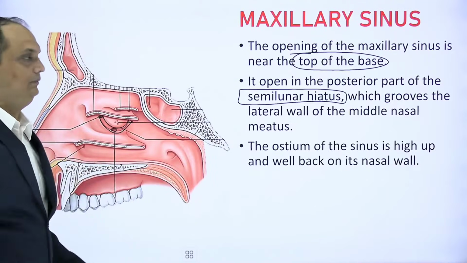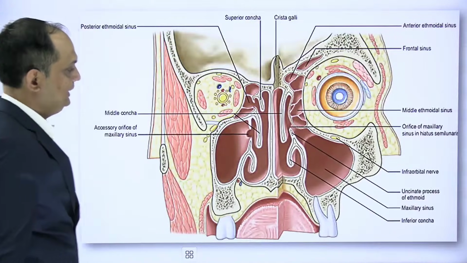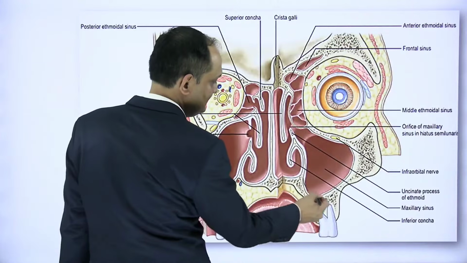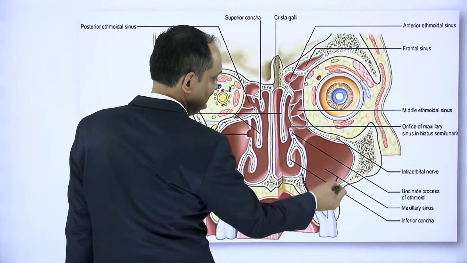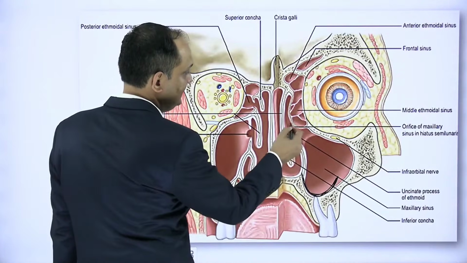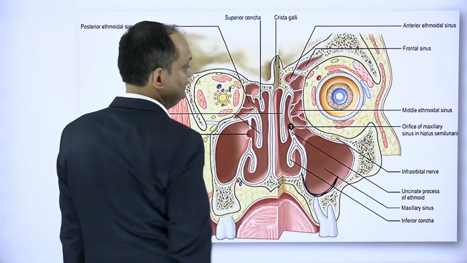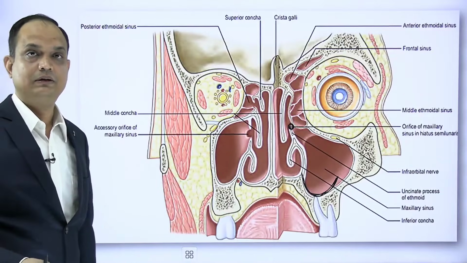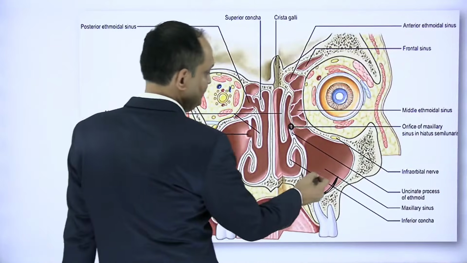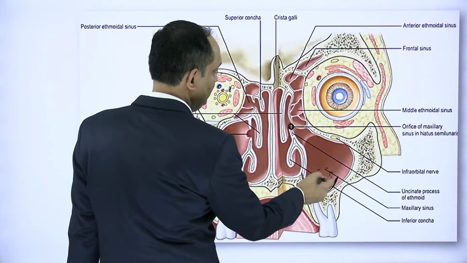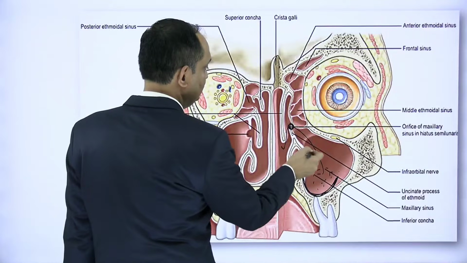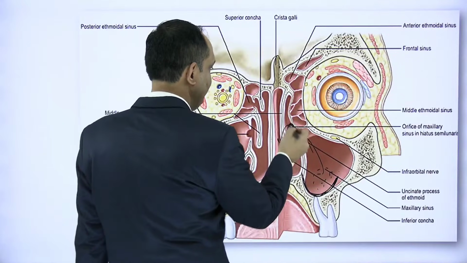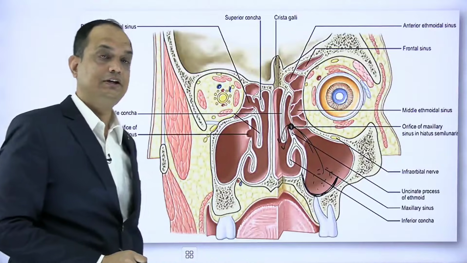In this diagram you can understand this concept: this is the floor of your maxillary sinus, but the opening is very high. That is why maxillary sinusitis is very common, because whatever secretions are present here are not drained properly, due to the height difference of the draining channel.